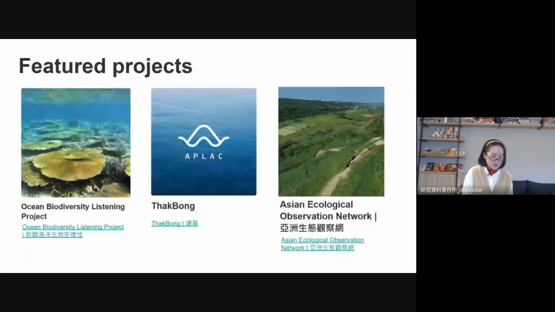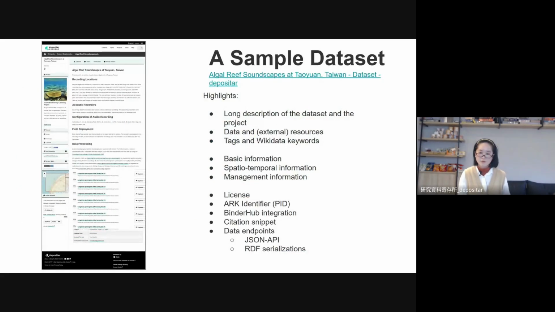Several projects have already been created on Depositar, such as the Ocean Biodiversity Listening Project, Thakbong, and the Asian Ecological Observation Network. To be more specific, I will give you a sample dataset on Yangmei drift soundscapes conducted at Taoyuan in Taiwan. This dataset demonstrates very comprehensive features of Depositar, including detailed descriptions of the dataset and project, as you can see in the top part of this picture, alongside linked data and external resources below for further exploration.